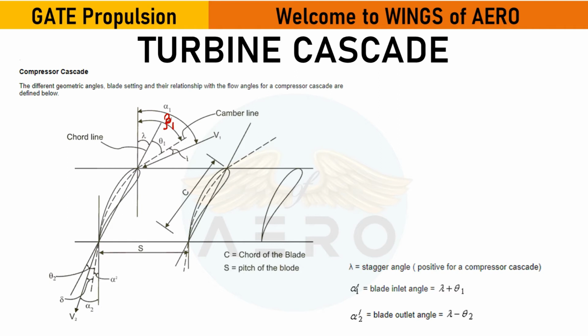And here the alpha prime 2 defines the blade at the exit. So theta, as I've said, is the same.